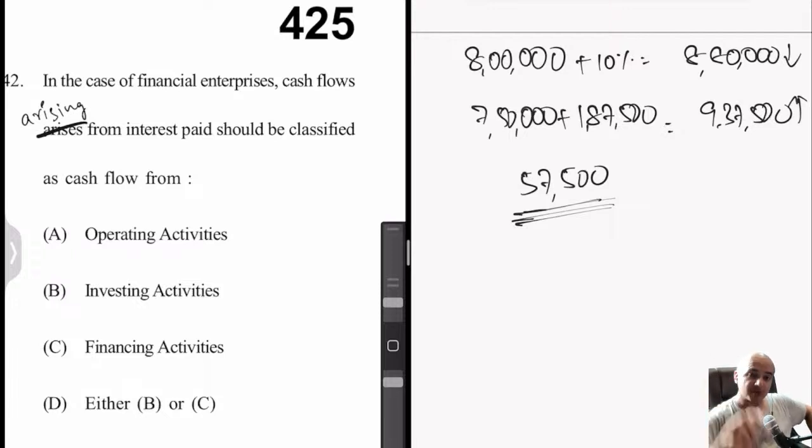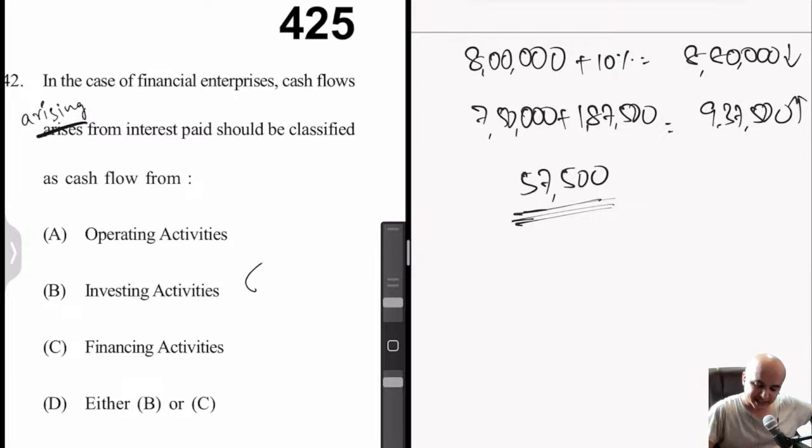Whereas on the other hand, cash flow from investing activities would usually include what? Transactions involving acquisition of some long-term asset, maybe disposal of a long-term asset. So that would be investing activity. Financing activity would include raising of capital, some borrowing, maybe payment of dividend.